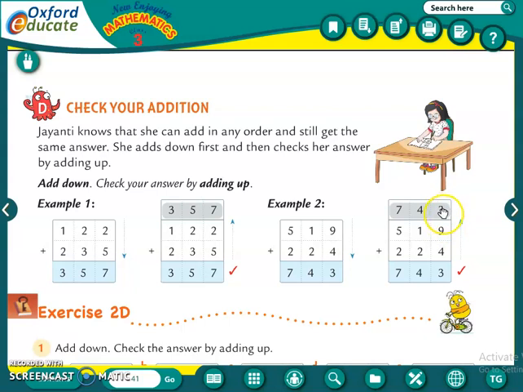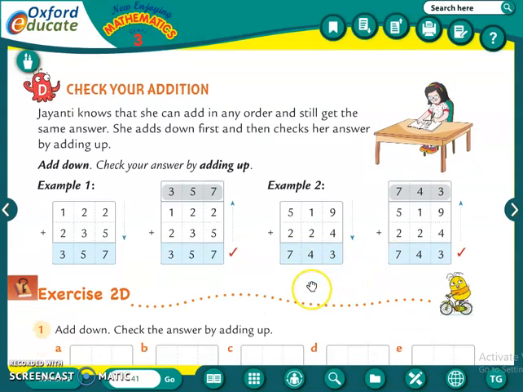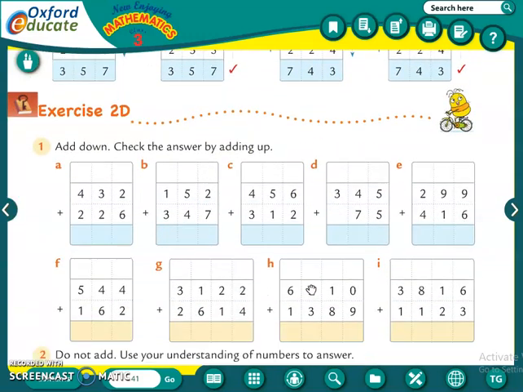We will write here 3 and then we will write here 1. Afterwards 2 plus 1 is 3, 3 plus 1 is 4, and then 2 plus 5 is equal to 7. So both the answers are the same. So in this way we can check our addition.